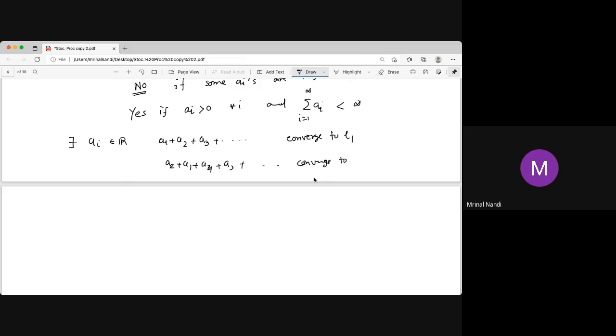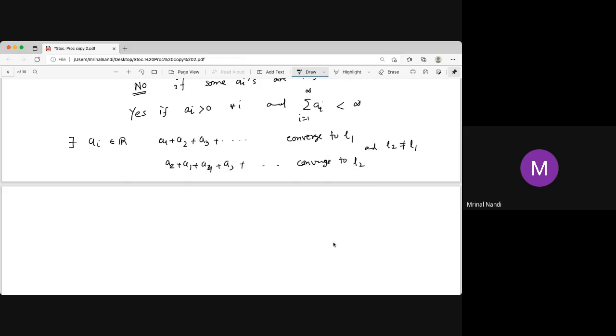If one of the series does not converge, or is divergent, or does not converge to any finite number, then obviously they cannot be equal, because that limit does not exist. But even if the limit exists, L2 may not be equal to L1.